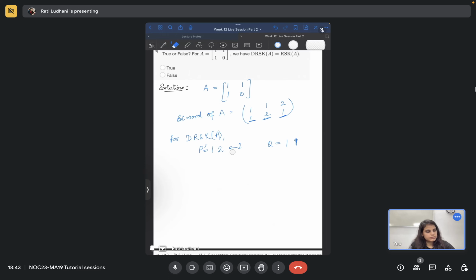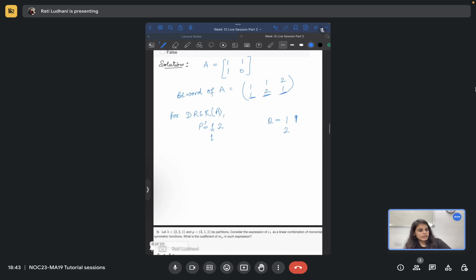One will bump out and it will go to the next row. So corresponding to that, we'll get 2. So DRSK of A is equal to 1 1 2 and 1 1 2. Exactly, we'll just do the transpose.